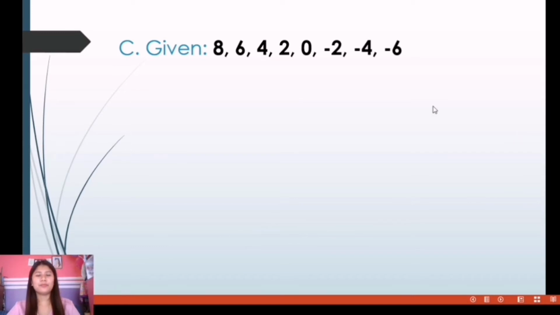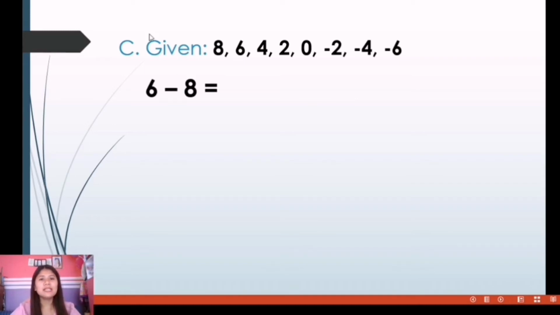Next example. We have the sequence 8, 6, 4, 2, 0, negative 2, negative 4, and negative 6. Okay, so the sequence shows a decreasing order, right? So let us observe how it affects the difference between the succeeding terms.